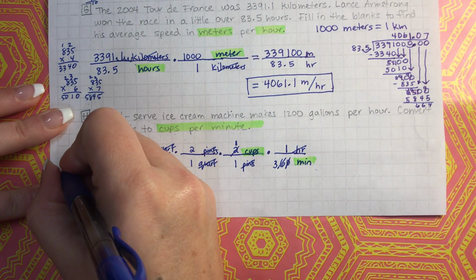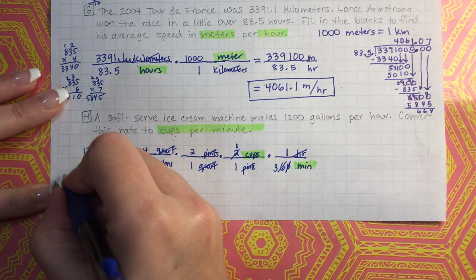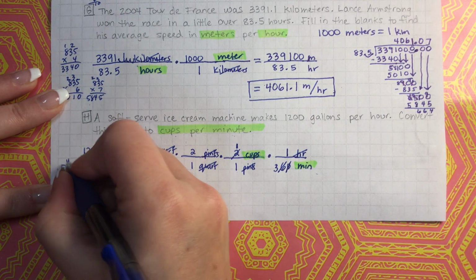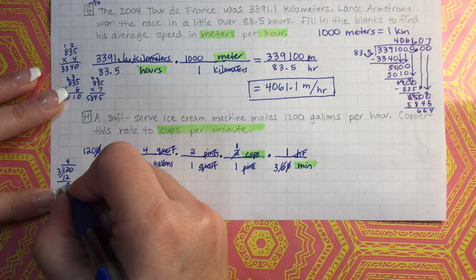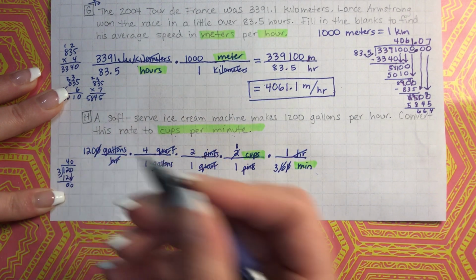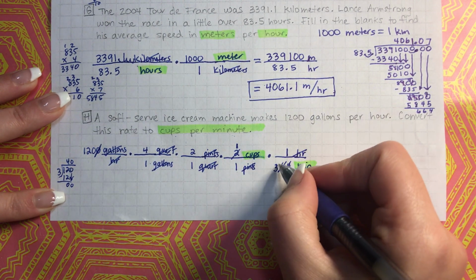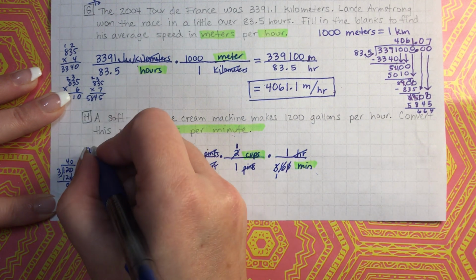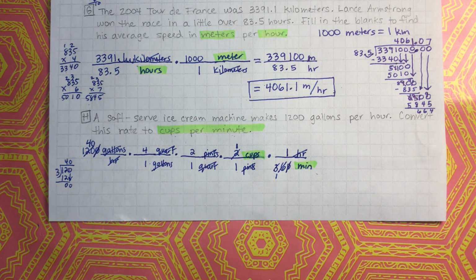So if I go right here, 120 divisible by 3, 3 goes into 12, 4 times 3 is 12, 0, drop it down, and it's basically 40. So 3 goes into 3 one time, 3 goes into 120 40 times, right?